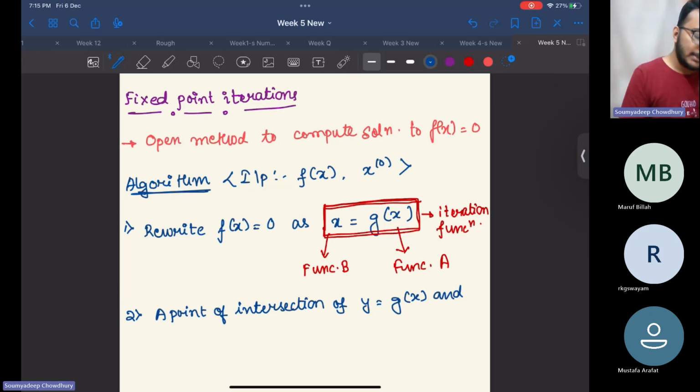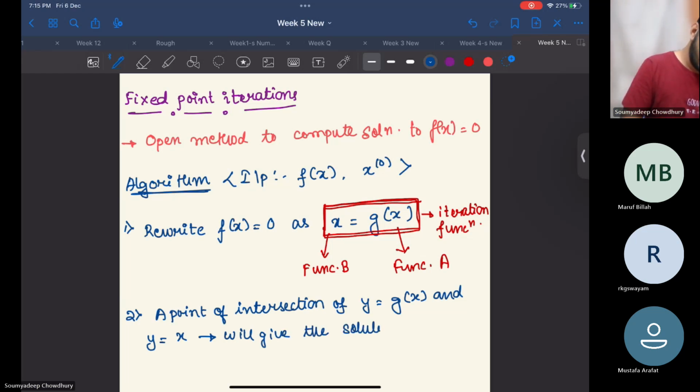So a point of intersection of these two functions, that is y equals x and y equals g of x, will give you your solution, right?